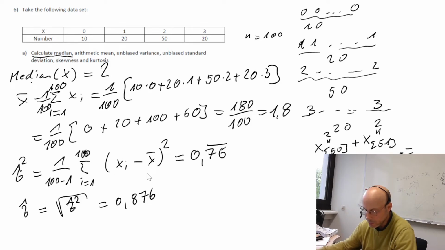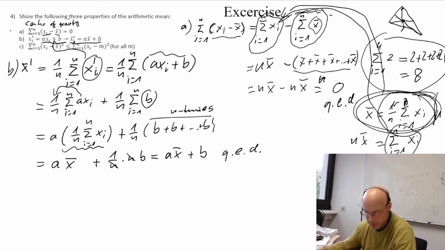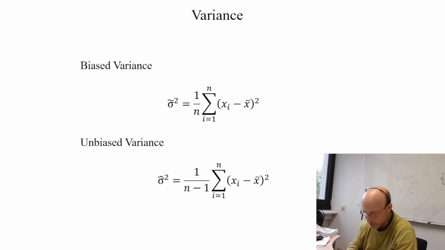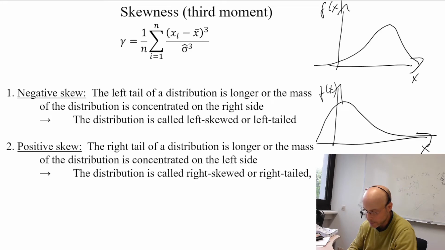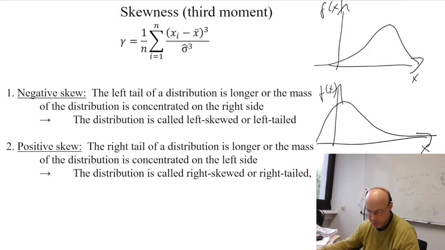skewness and kurtosis. For this, we look up our definition of skewness and kurtosis. So we have this as the third moment of our distribution for skewness.